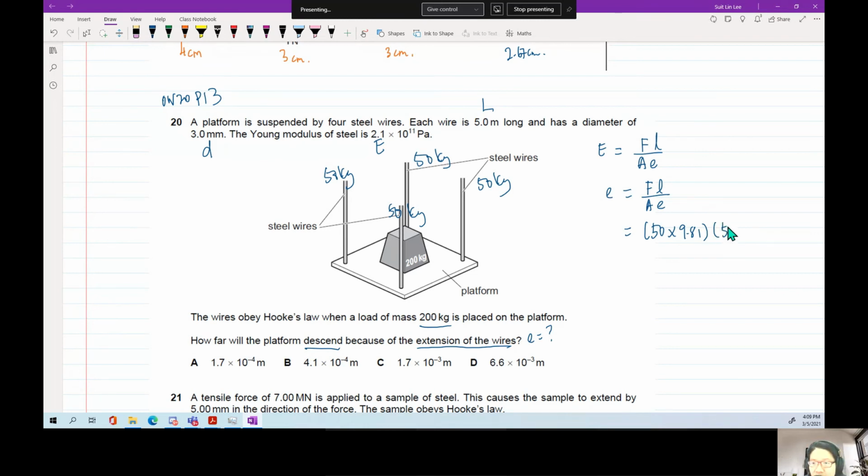The original length is 5. Area, pi d square. I can just change to 1.5 times 10 to the power -3 square. This is area. And the Young modulus, 2.1 times 10 to the power of 11 Pascal.